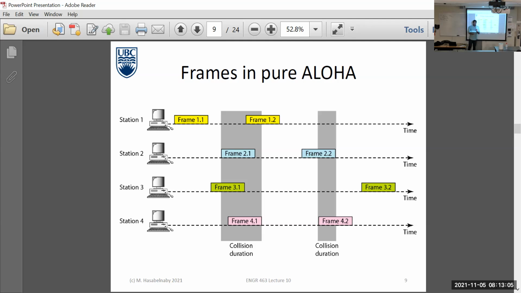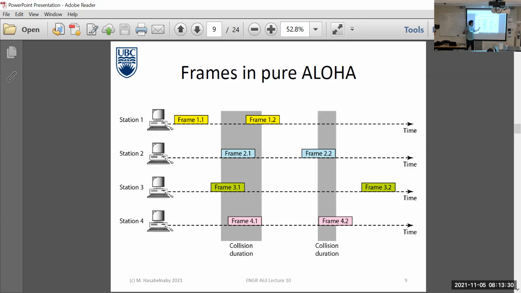The collision will happen if your last bit is transmitted at the same time as my first bit, and we consider it as total loss of the frame. Can you imagine this? The communication networks insurance will consider it total loss.